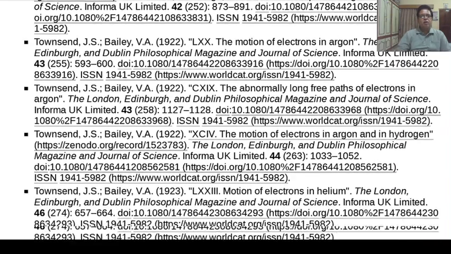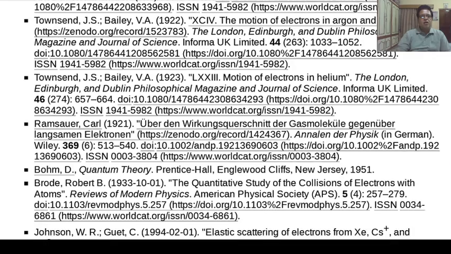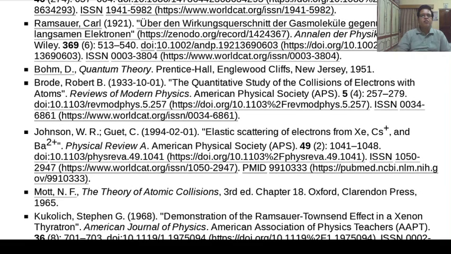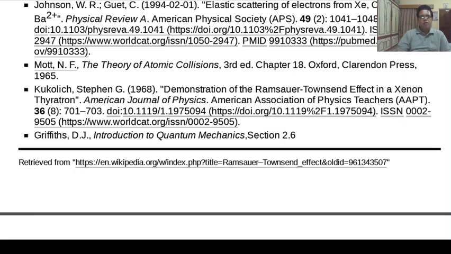There are many kinds of papers. From this article is written. These are the references: Bohm, Johnson. This is a chapter from some book. So this is the way to write any article.